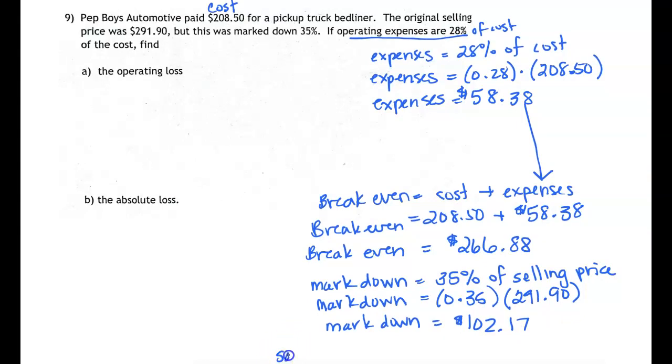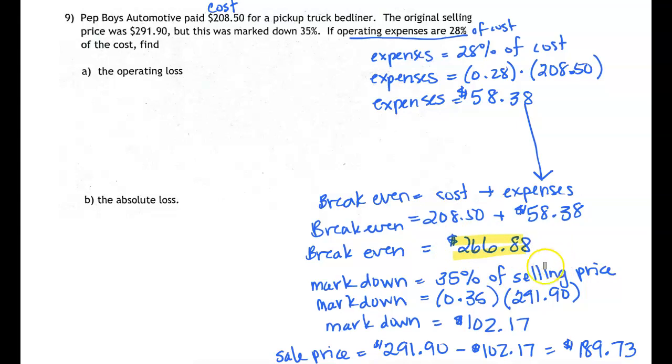Let's calculate the sale price, looking at the original $291.90 and subtracting how much it was marked down. So the sale price is $189.73. I'm going to highlight a couple of values here. The break even was $266.88, and the sale price was $189.73.